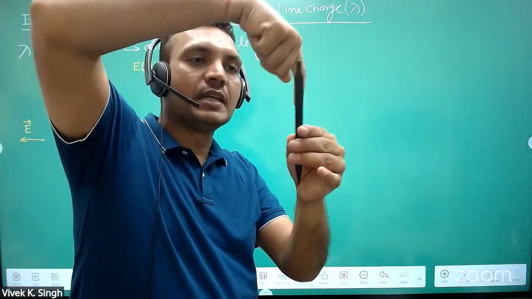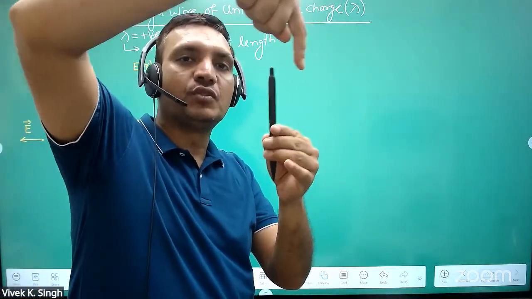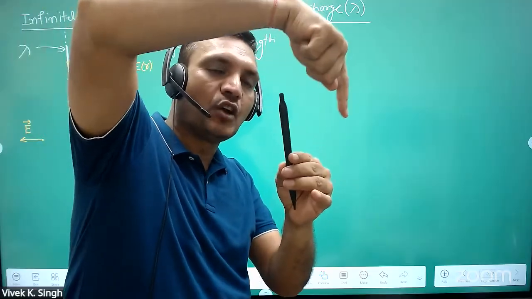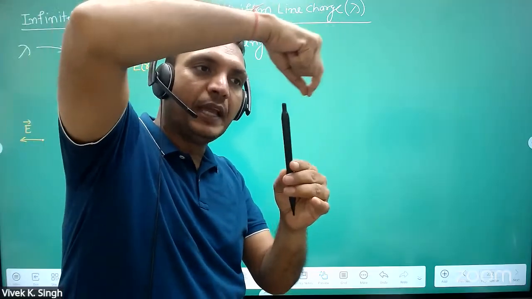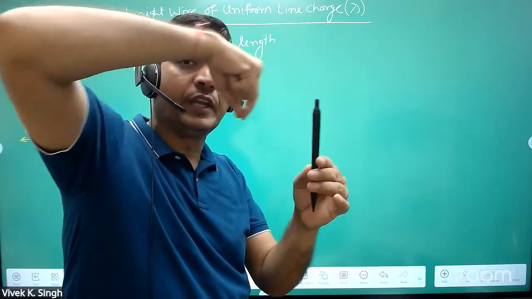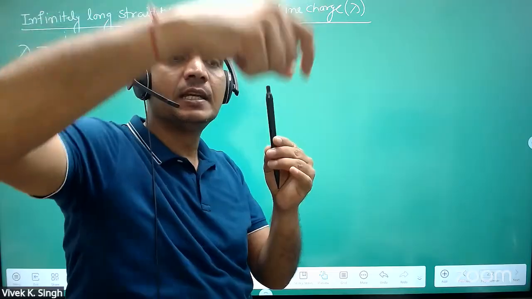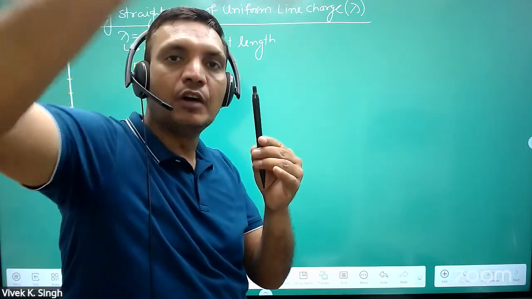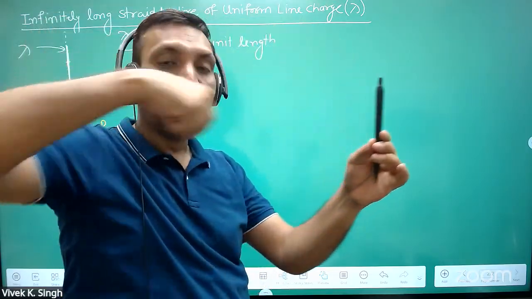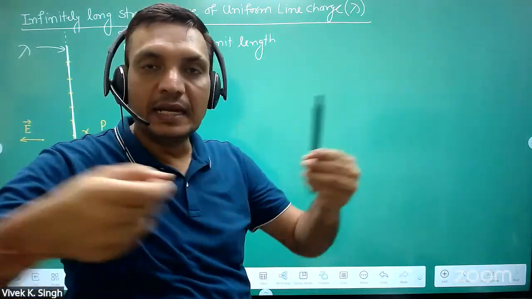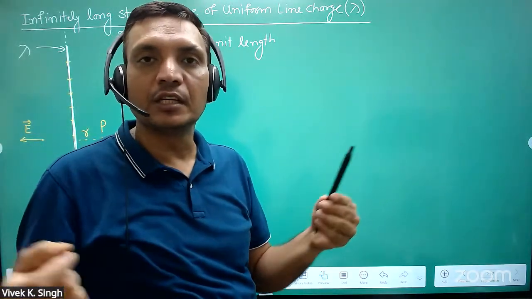If you draw a circle around this wire, अगर आप एक सर्किल ड्रॉ कर दो तो हर पॉइंट पे if you move on the circumference, magnitude will be same. Only thing is direction will be away from the wire, and that direction is radially outward direction. उस डायरेक्शन को हम क्या बोलते हैं?